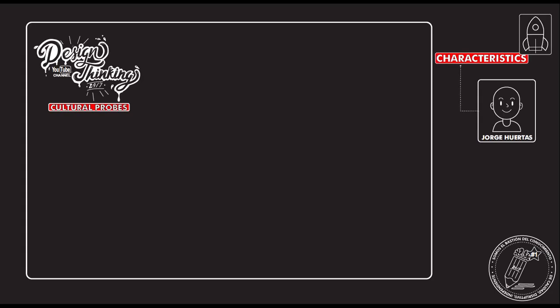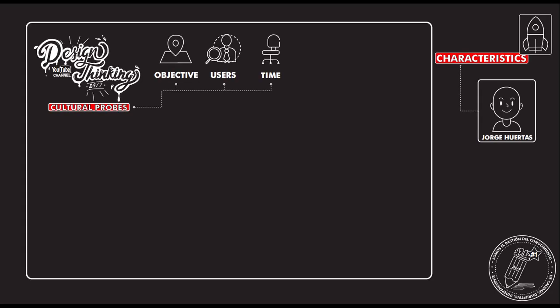When we talk about cultural probes, it's very important to always have an objective. What is the objective of this development? Of course, have the users. Usually, you give it to them for a day, maybe a week. So the idea is that they can collect all the information of a specific task, but it is usually driven by the objective that we have for this development.